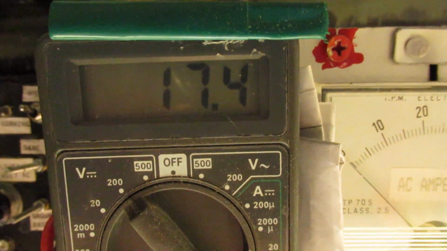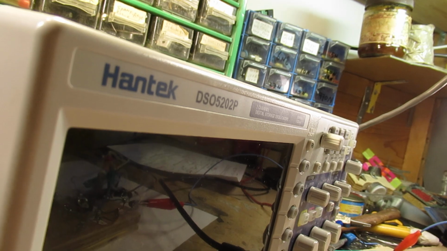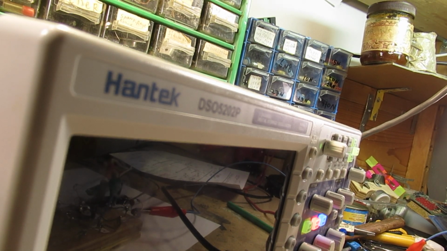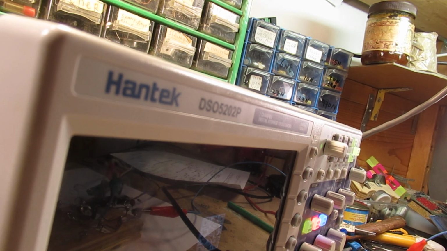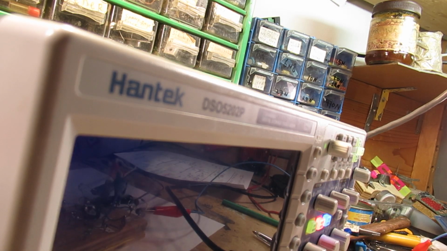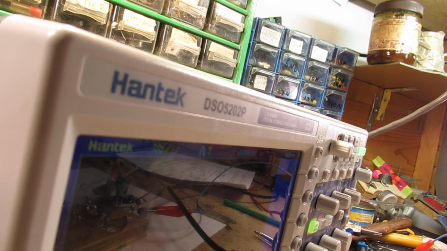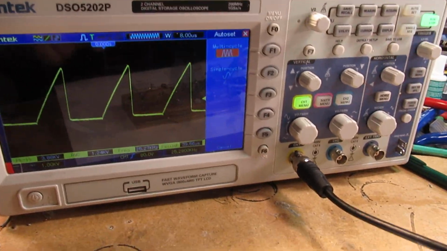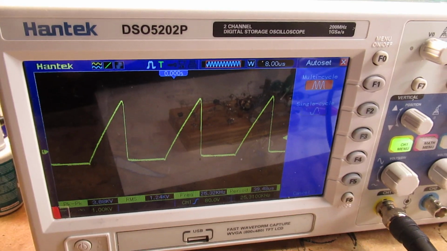Well, now at the moment it's on 18 volts. Let's see what happens when we put it on the scope. And of course that's a good thing of my scope. It also has a frequency counter at the same time. And that's very good from Hantek. Well, now we are on 17.4 volts.